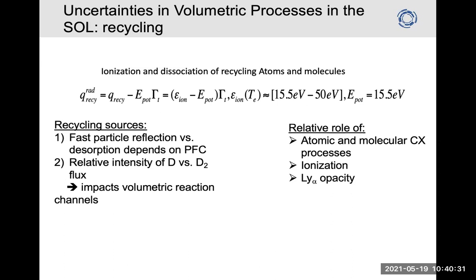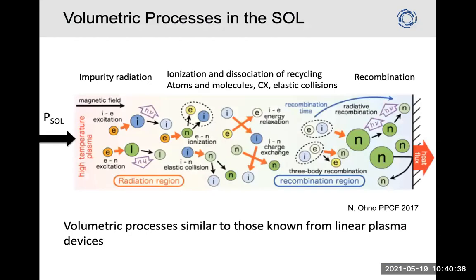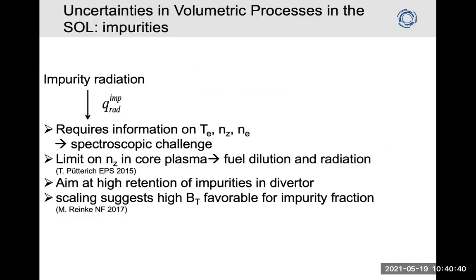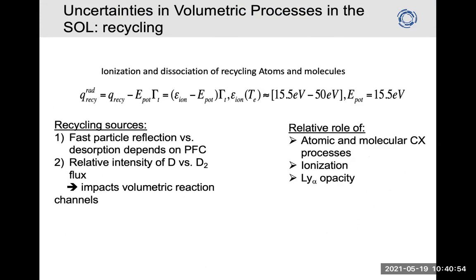When we think of the radiative losses that we have, so it's not written in here, but if we look at all the components that lead to radiation losses, so one is, for example, impurity radiation, yeah. So I've listed these here, but there's also radiation or energy losses due to recycling fuel species.